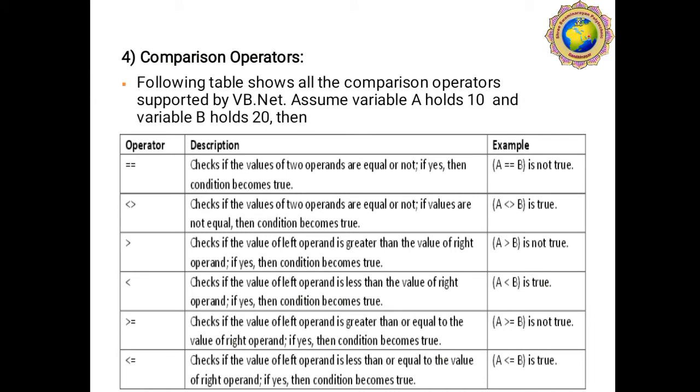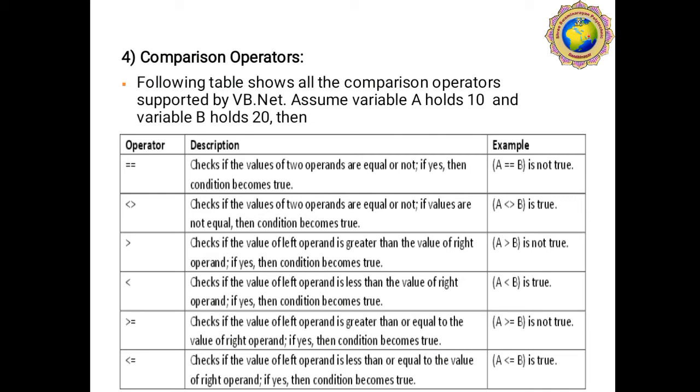So the first operator is equal. It checks whether the values of two operands are equal or not. If yes, the condition becomes true. If not, it becomes false. So if A equal B, the condition is checked using this symbol.